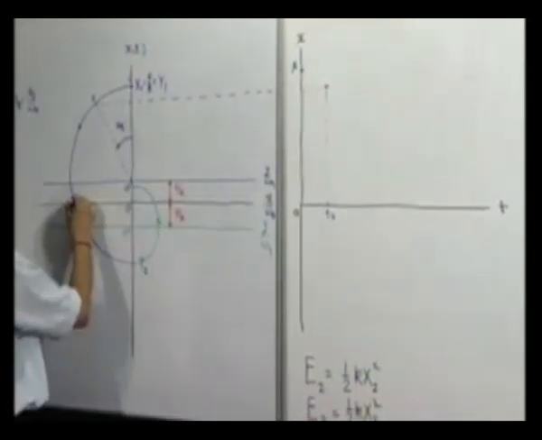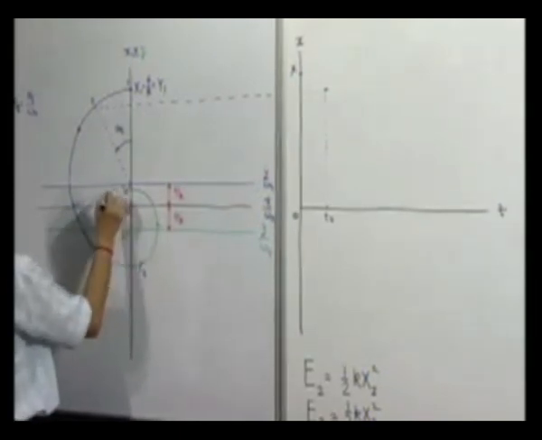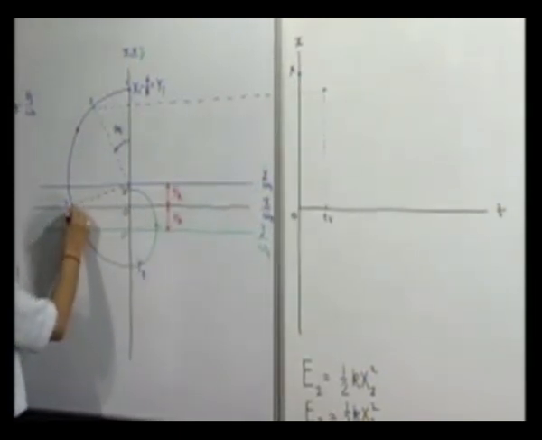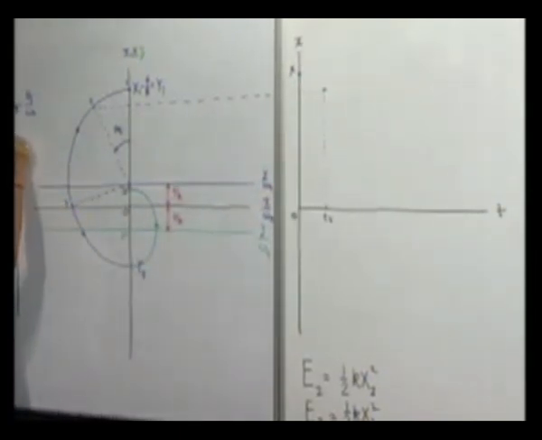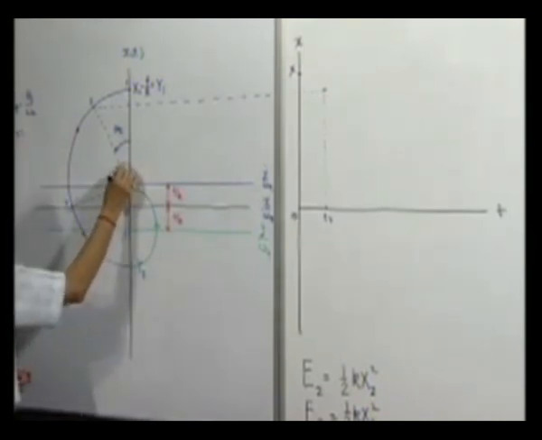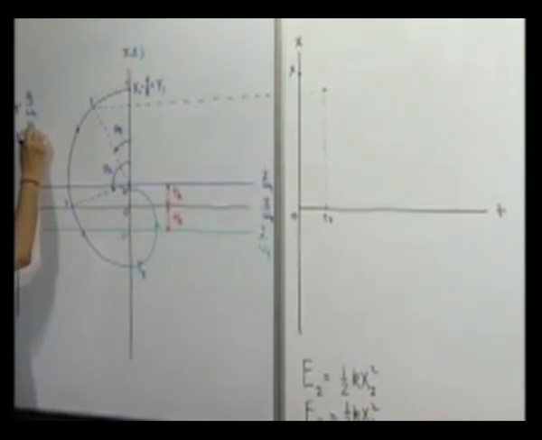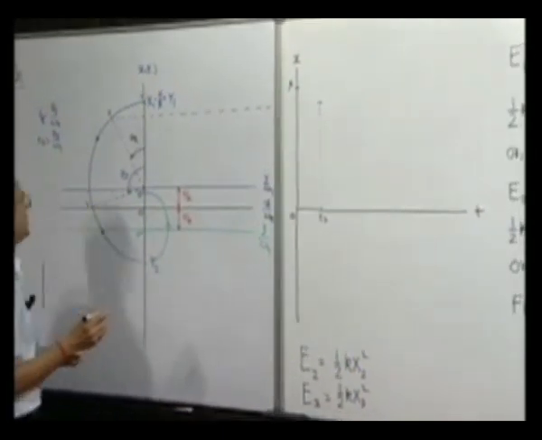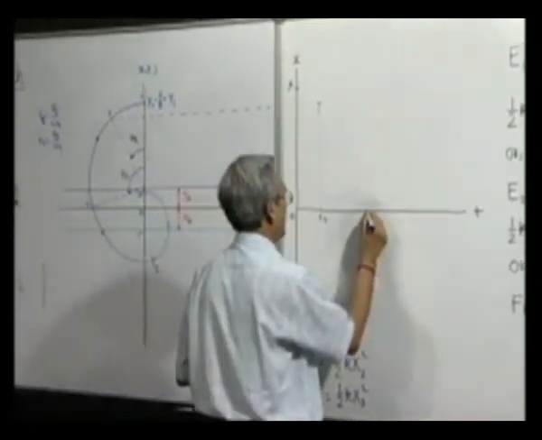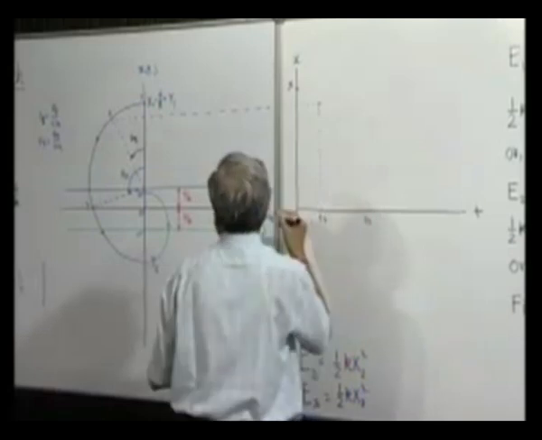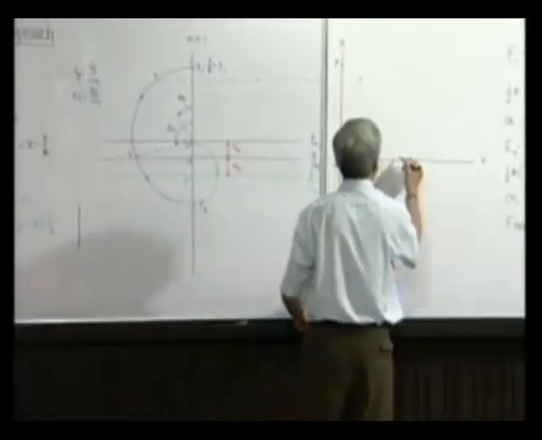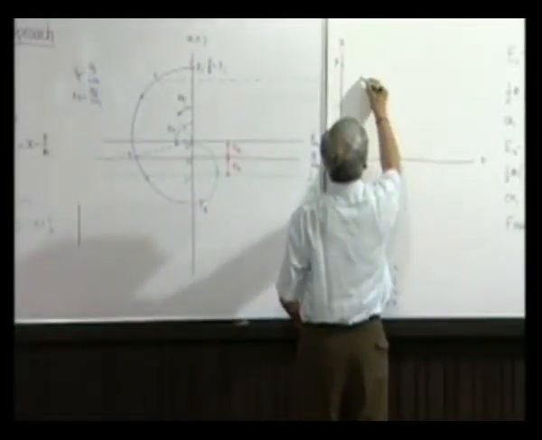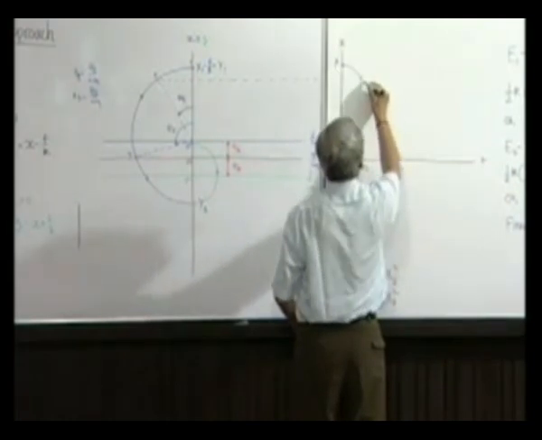Similarly, we can go to this T3, and T3 will be how much? Theta 3 by omega n, and that is the amount of time for the phase point to come from here to here. So T3 will be something like say here, and the value will be somewhere here. So we find that it will come like this.